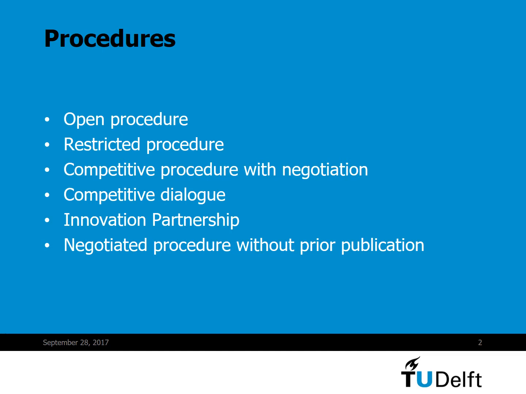The second procedure is called the restricted procedure. And what happens in this procedure is the following. In the first phase, everybody can say, I'm interested in a certain job, and I am this business, these are my qualifications. All those people who apply will give that information to the contracting agency.